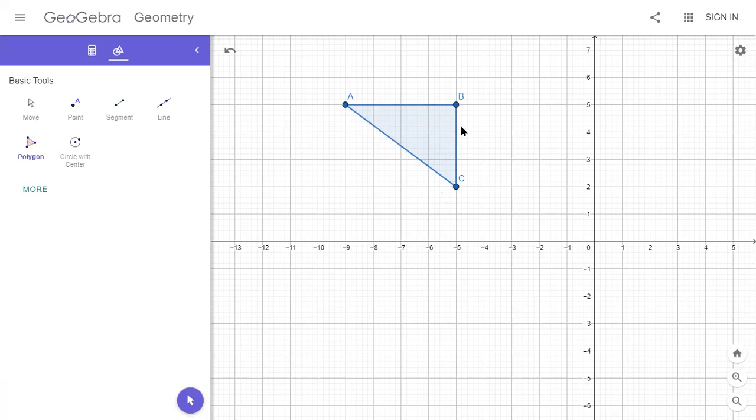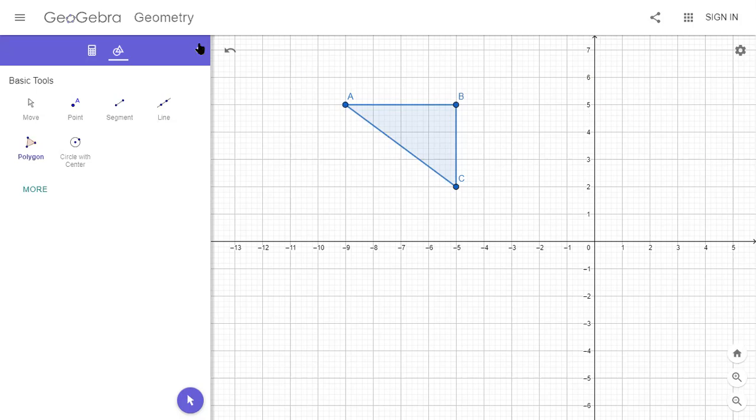The object before the transformation is called the pre-image, and we will reflect this object, triangle ABC, about the y-axis. Let me take this y-axis as the mirror, by which we are going to reflect this object ABC.